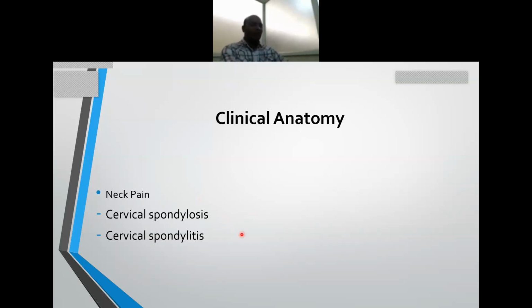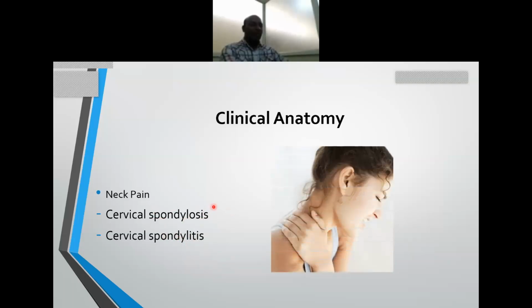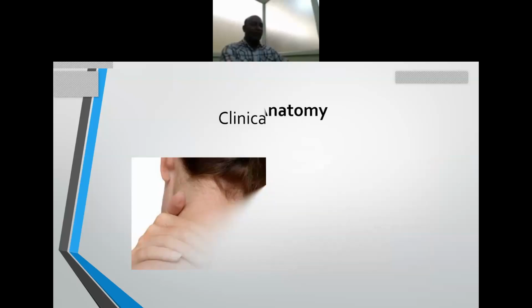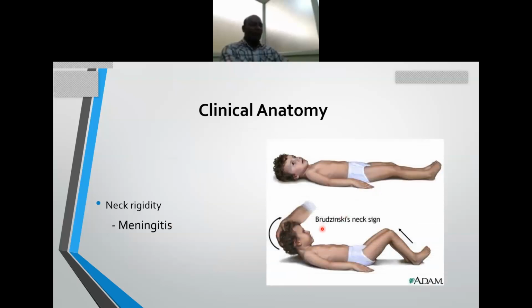Many people suffer from diseases of the vertebral column, and one of the diseases that affects the vertebral column is called spondylosis or spondylitis. If there is inflammation, that is spondylitis. When there are age-related degenerative changes, that is spondylosis. Neck pain need not always be from spondylosis or spondylitis. It can be because of inflammation of the trapezius, which is called trapezitis.